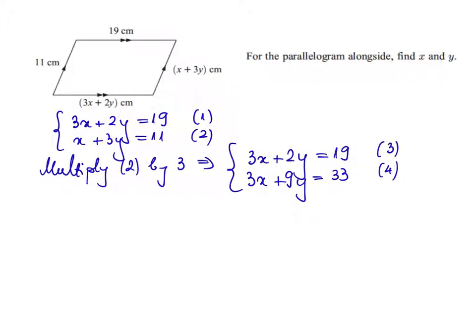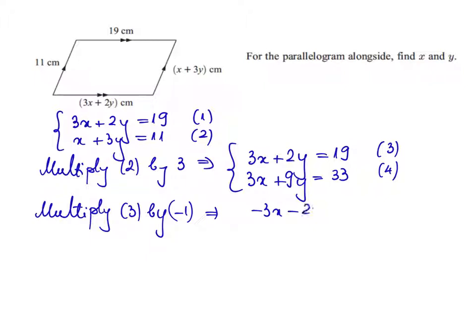So I label this 3 and 4, and I will multiply equation 3 by minus 1. And I get minus 3x minus 2y equals minus 19. My second equation is 3x plus 9y equals 33. And now I'm ready to add them.